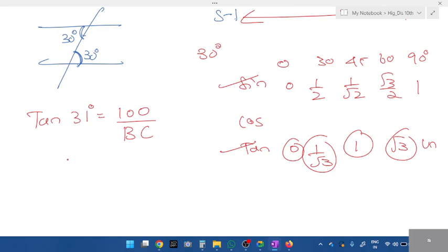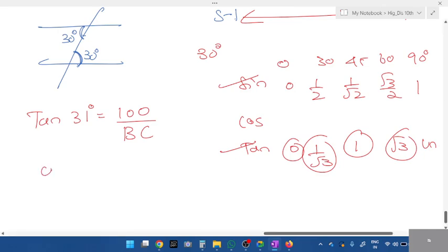Page number 535. Okay, 0.6009. And the sine values are the same. Sine 1 to 89, 90, 30 degrees. They'll just give you basic questions like this. Now tan 31 is 0.